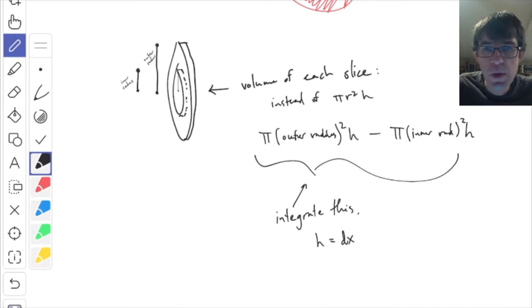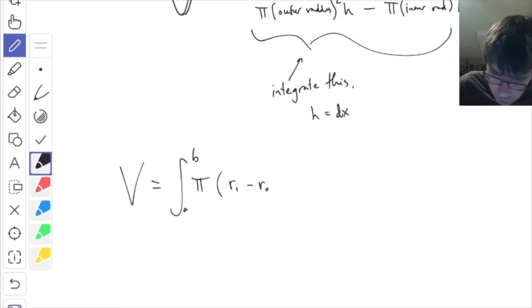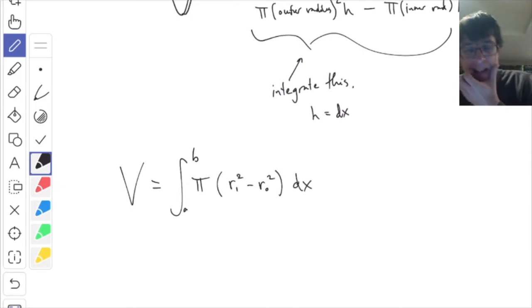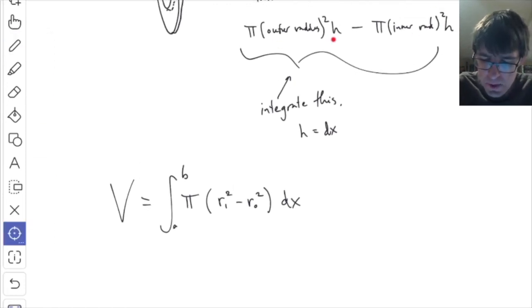This is how we do an example like this. Let me write this as a formula. It's going to look like the integral from a to b of pi times r1 minus r0, sorry, each one is squared. I took the formula I wrote up here, and you can factor the pi and the h out, so really all it is is these two radii squared and subtracted each time.